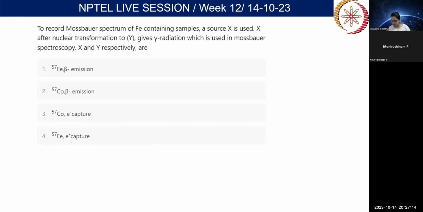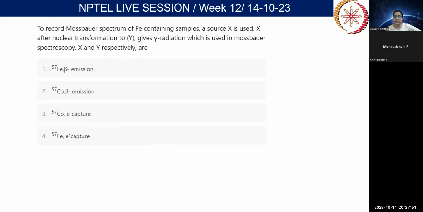So can you please identify? This we have. Second option, cobalt 57, beta emission.